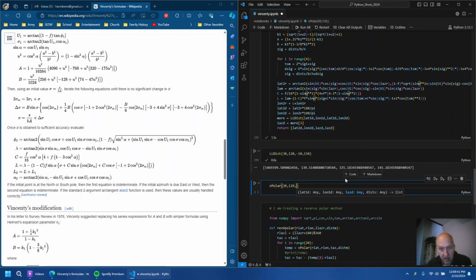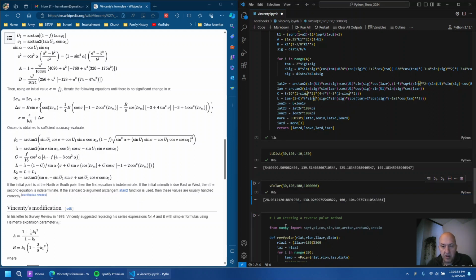So let's say we're heading, let's head 100 degrees, and let's go a distance of 1,000,000 meters. And let's see where we end up. So that's going to be our ending latitude, longitude. That's our beginning launch azimuth, and we come in at that azimuth at the end.